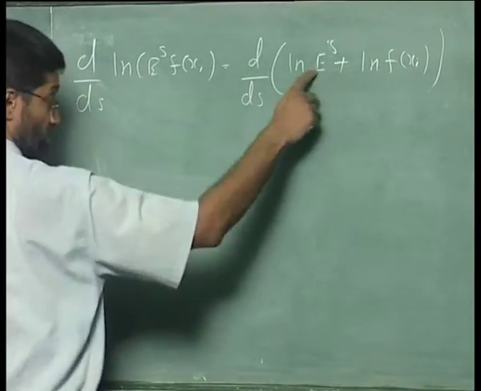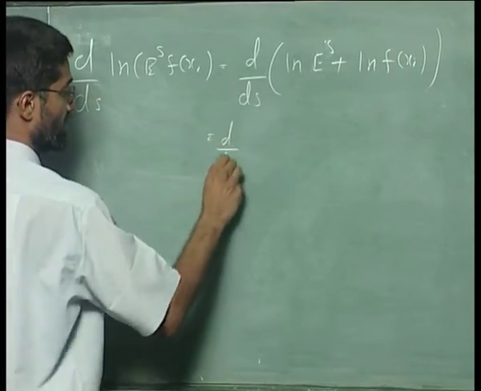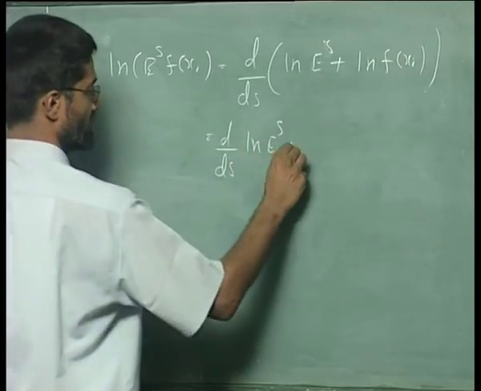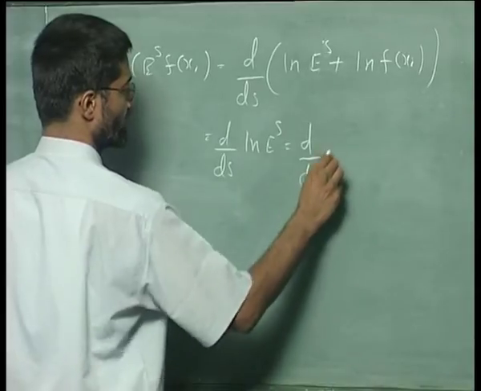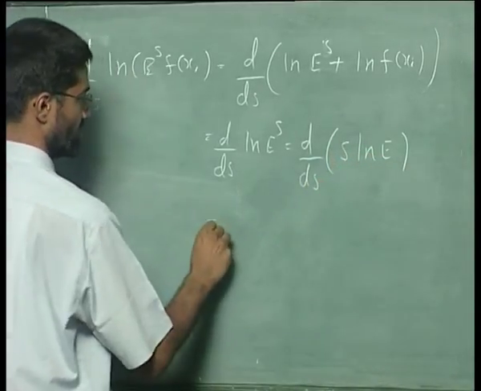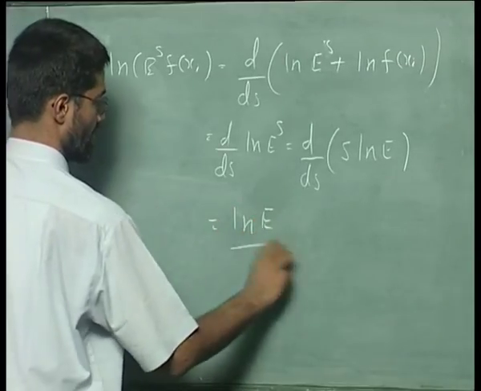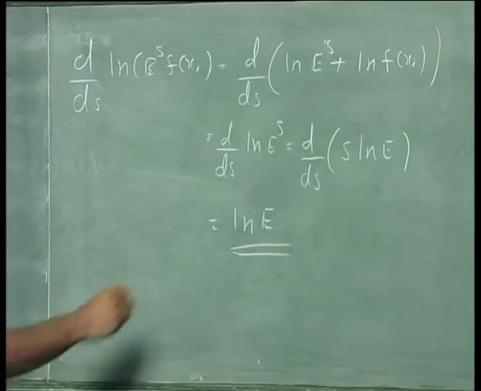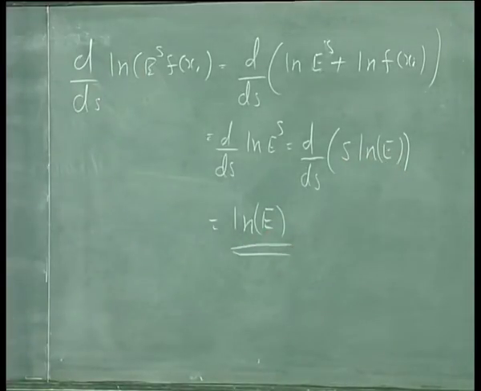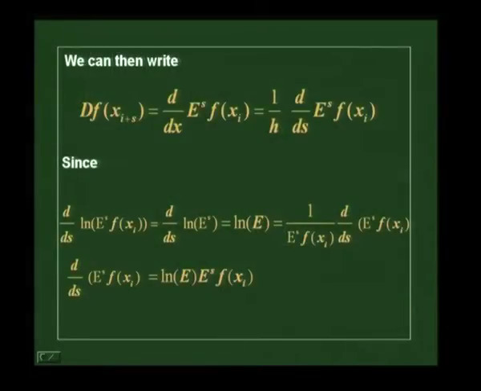But this is a constant, so this is the same as d/ds of log e^s, which is nothing but d/ds of s log e. So that's equal to log e. So d/ds of log e^s f of x_i is just log e.